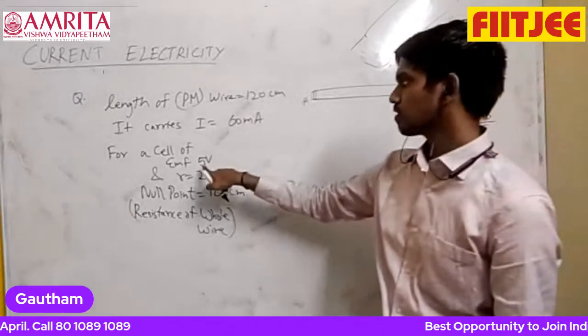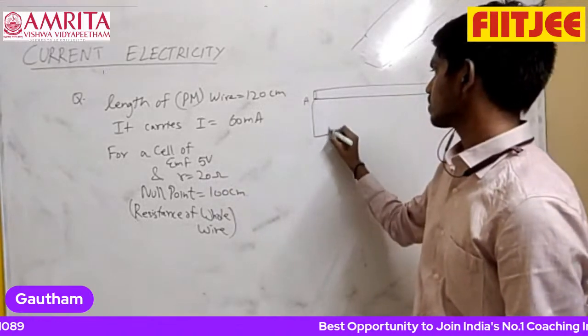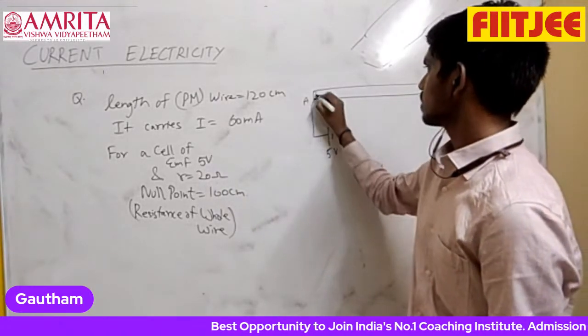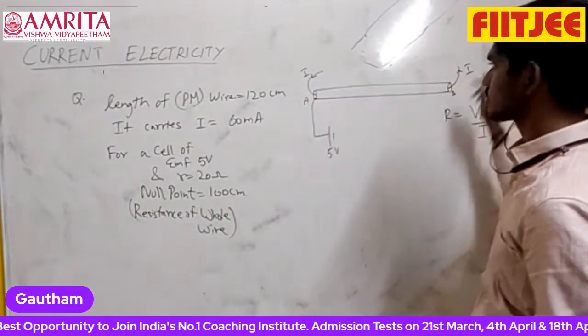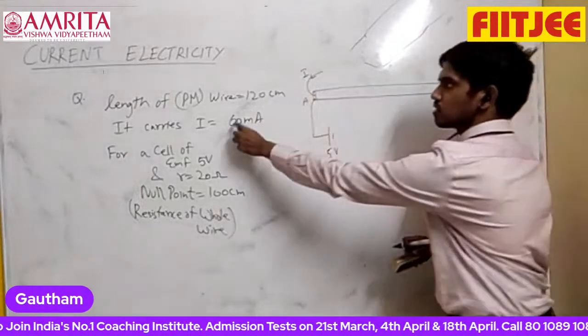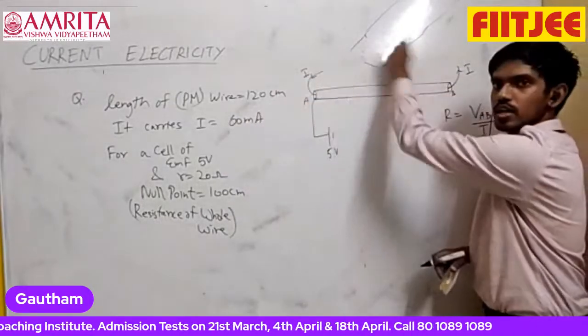A 5 volt battery is connected to some external circuit. Leave that. A current of 60 milliampere is flowing through the wire continuously.